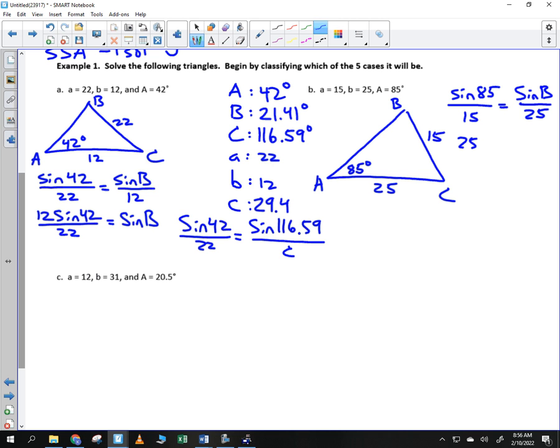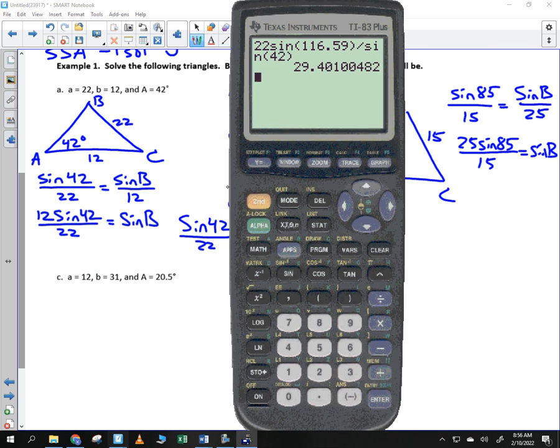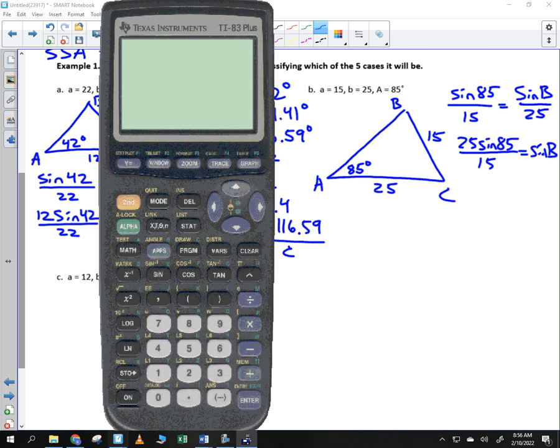So 25 sine of 85 over 15 is equal to the sine of B. I'm going to figure out what that is. 25 sine of 85, and I divide by 15. 1.66 is equal to the sine of B.